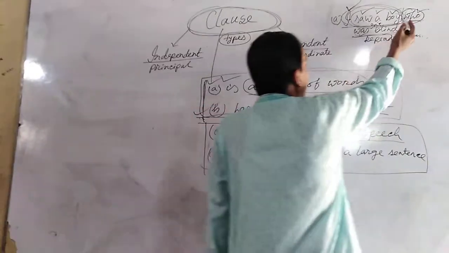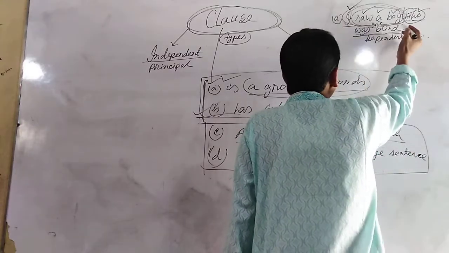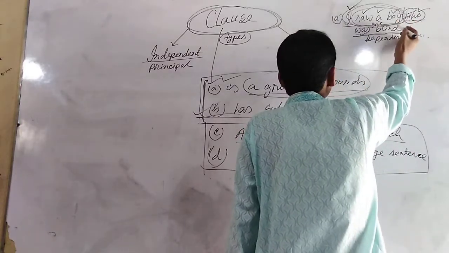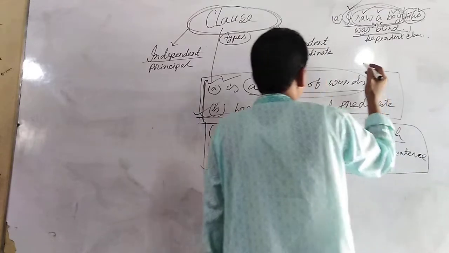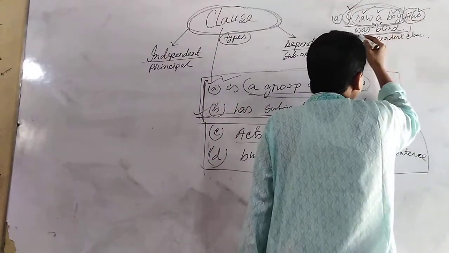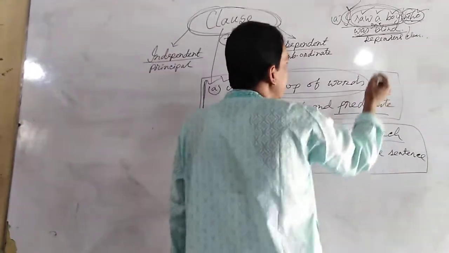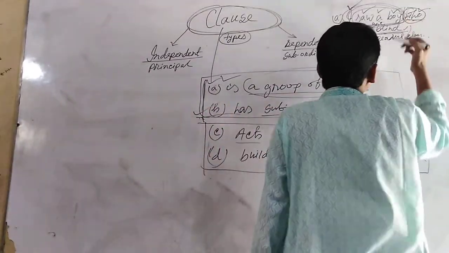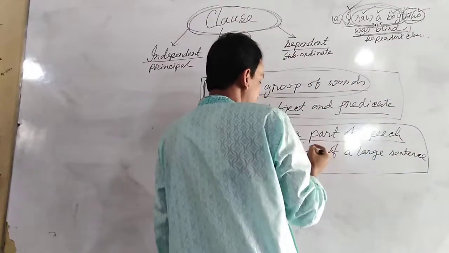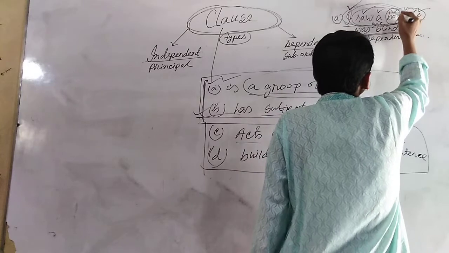We have got 3 words. It has a subject, who, and was blind is predicate, and it acts as a part of speech. This clause, who was blind, functions as adjective of the noun boy.